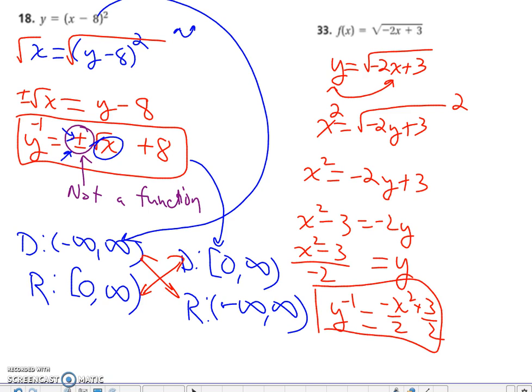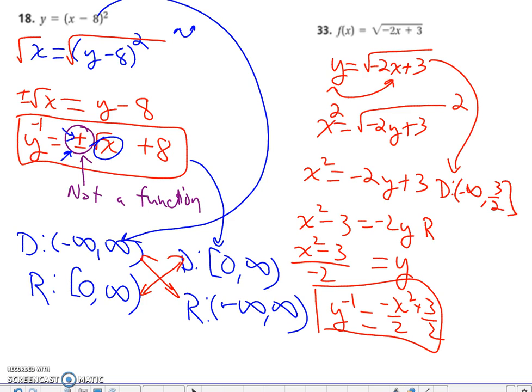The domain and range of the original function: if you did the math, your radicand can't be negative. It has to be either 0 or positive. So the domain would be from negative infinity to 3 halves, including the 3 halves.